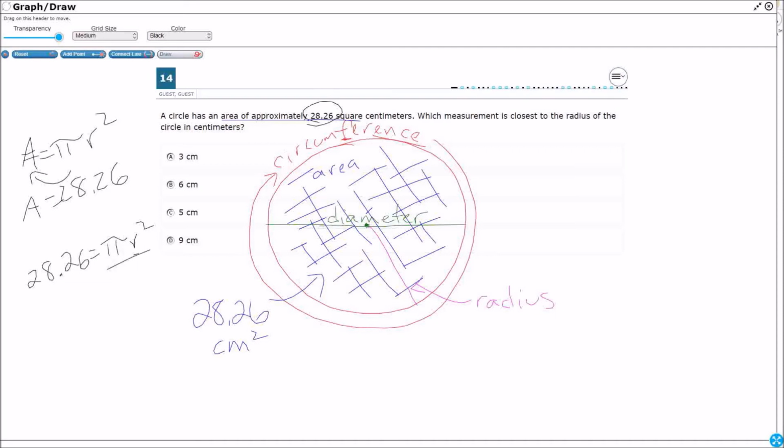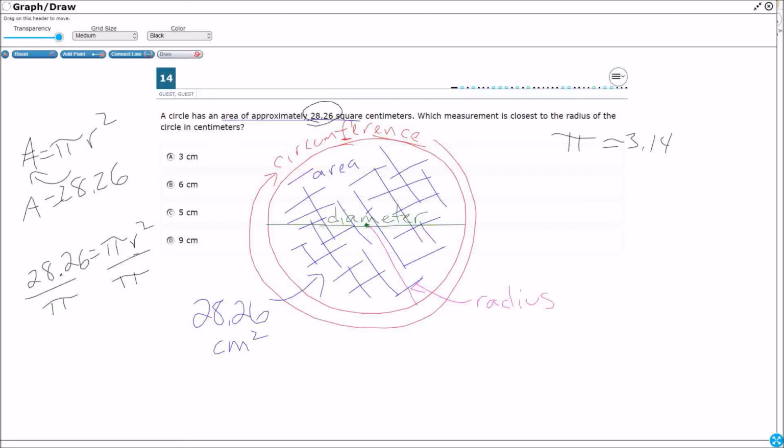We don't have a calculator here, but if we divide both sides by pi, what are we going to get? Let's say pi is about 3.14. Sometimes we substitute a really close approximation for pi, which is 3.